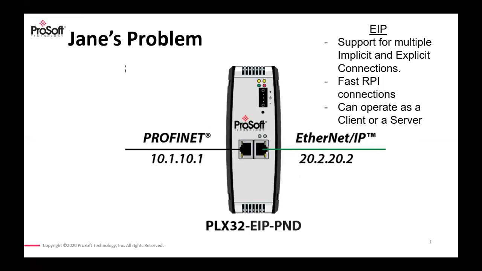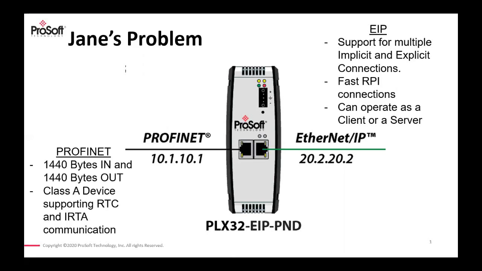In this particular case, we need it to be a server, because it has to operate as an EtherNet IP server. On the other hand, on PROFINET, you need it to be a PROFINET device. If you can get it to support 1,440 bytes input and output, that'll be good, because now you can send a lot more data back and forth between your Rockwell PowerFlex drives and your PROFINET controllers.